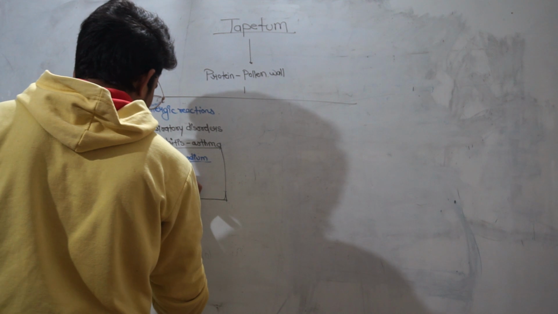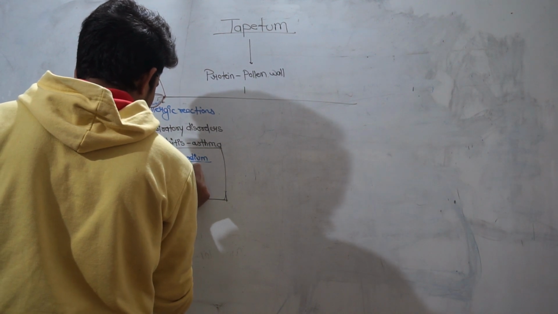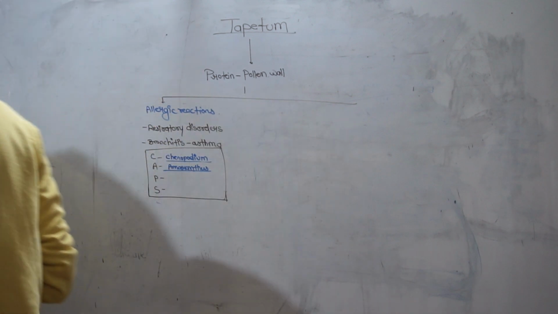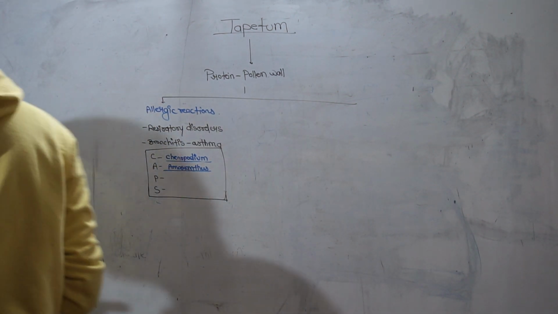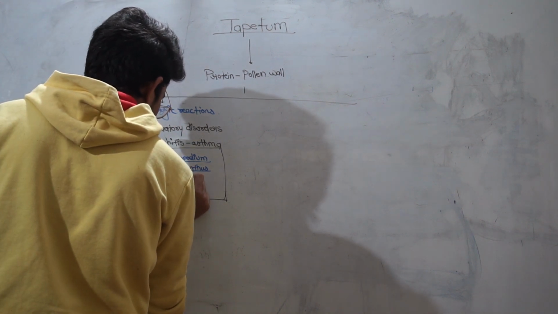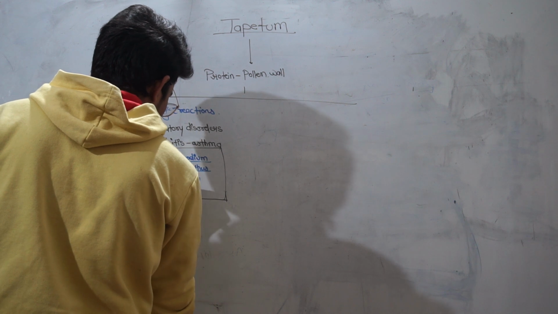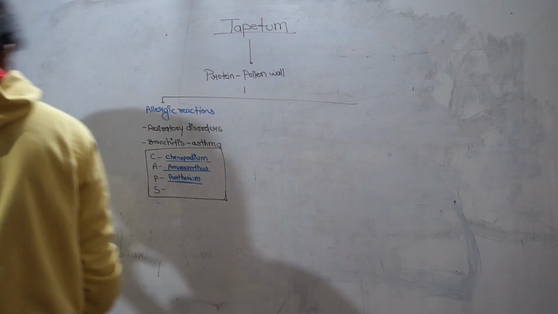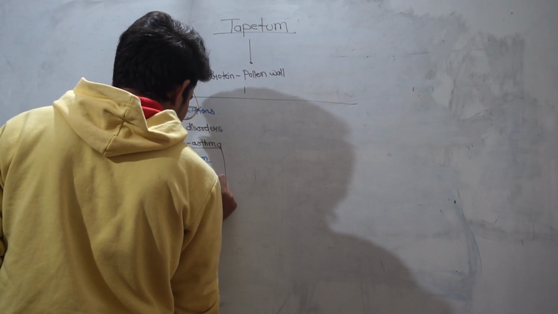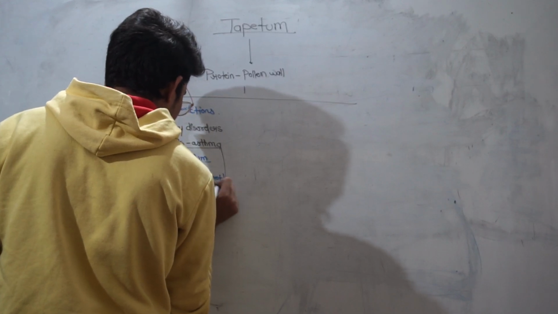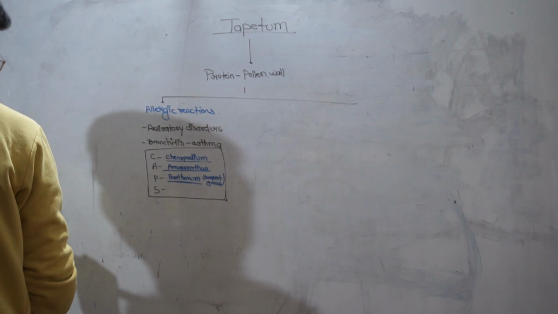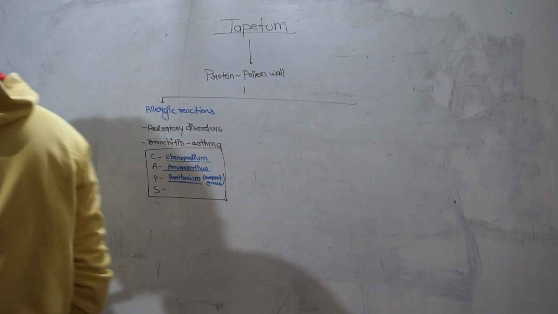A stands for Amaranthus. And P stands for Parthenium, also known as carrot grass. And S stands for Sorghum.